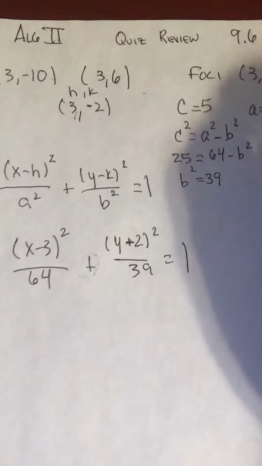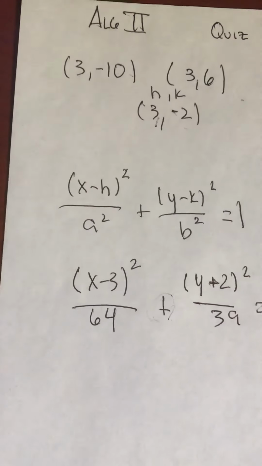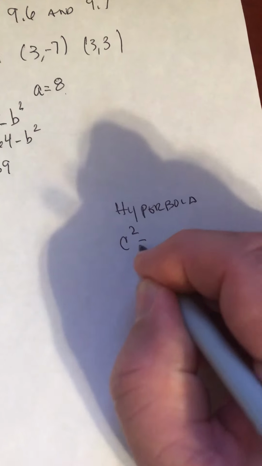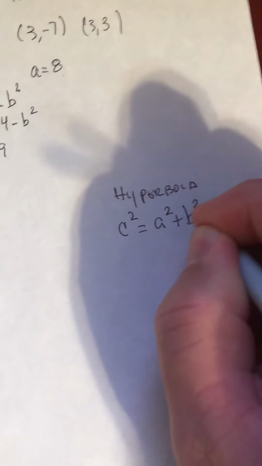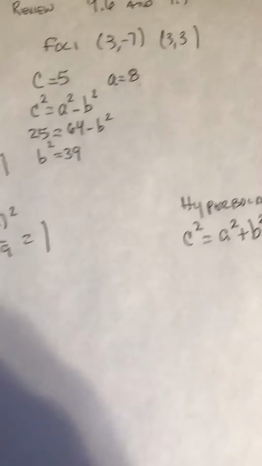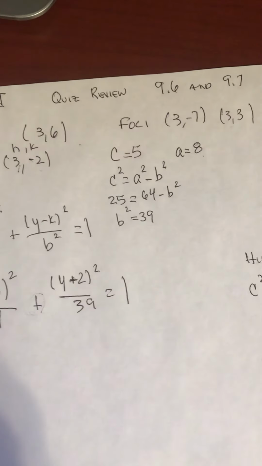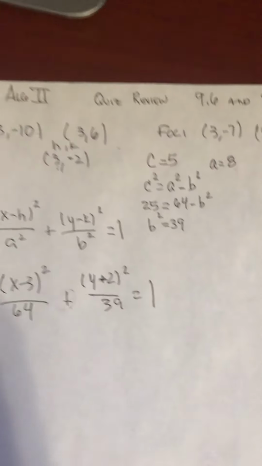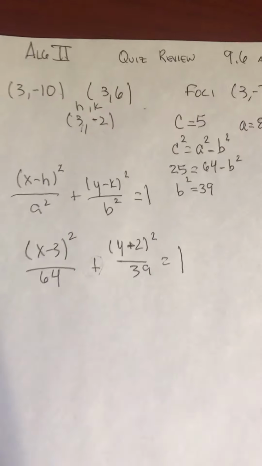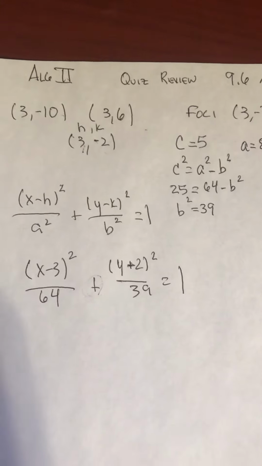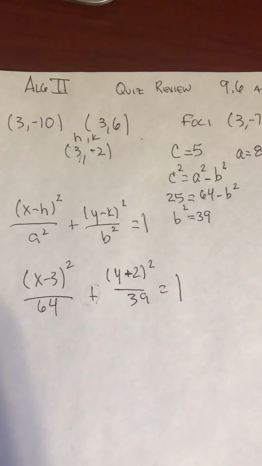The other difference is that in a hyperbola, c squared is equal to a squared plus b squared. That's the difference. So in problems 1, 2, and 3, where you're finding the equation, you're going to be able to use your textbooks and have all the equations available. So you shouldn't have any issue with doing this particular type of question.